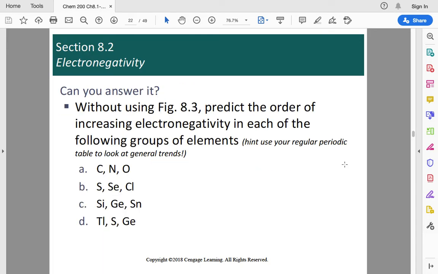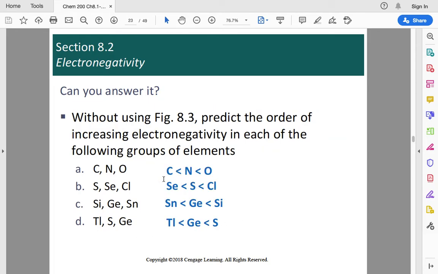So I want you to, without using the values for the electronegativities, put these atoms in each of these groups in order of increasing electronegativity. So again, just look at your periodic table. Remember our general trends. Pause the video here and try and do this.